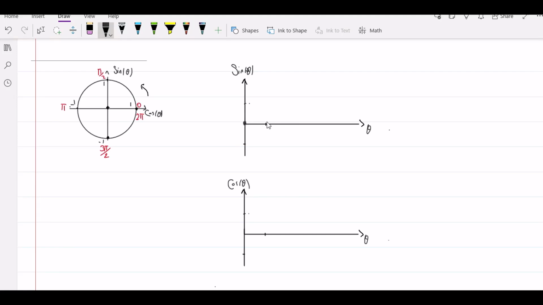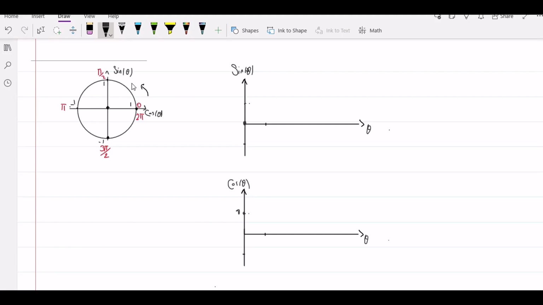When theta is equal to 0, sine is equal to 0. When theta is equal to 0, cosine is equal to 1, as you can see on the unit circle. If we move one step ahead, as we mentioned, we are going to move in increments of pi over 2. By the way, we are moving in this direction, which is anti-clockwise.